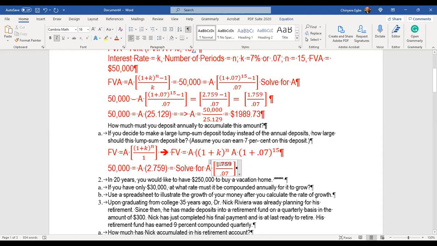So now you solve for A, which means then that we have 50,000 equals A times 2.759. A equals 50,000 over 2.759. And what does that give us? 18122.50.